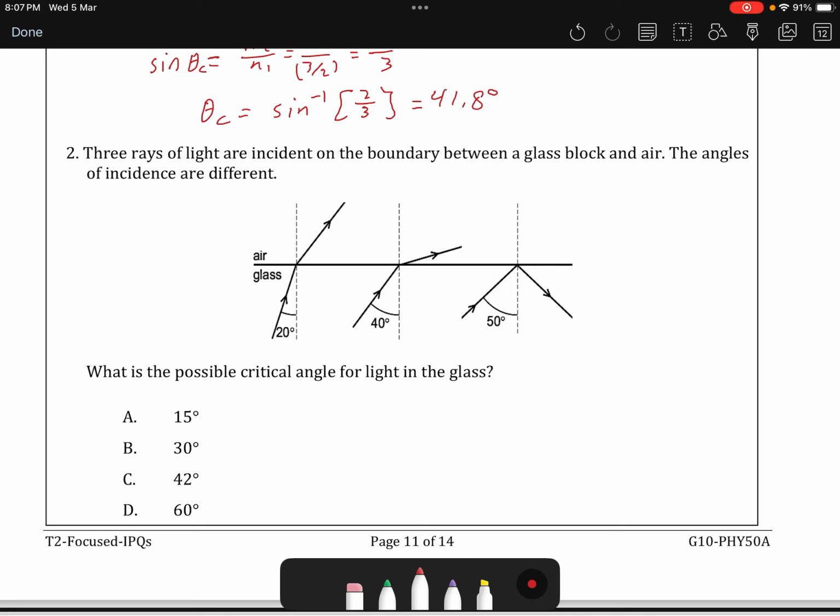Let's say, actually, I will draw it in the right place here. If this is the critical angle, then the light will go like this. If it's reflected, then the angle is greater than the critical angle. If it's refracted, then the angle is less than the critical angle, the incident angle, I mean.